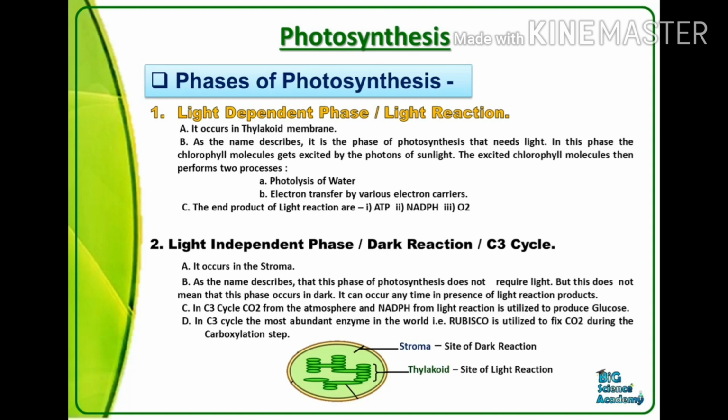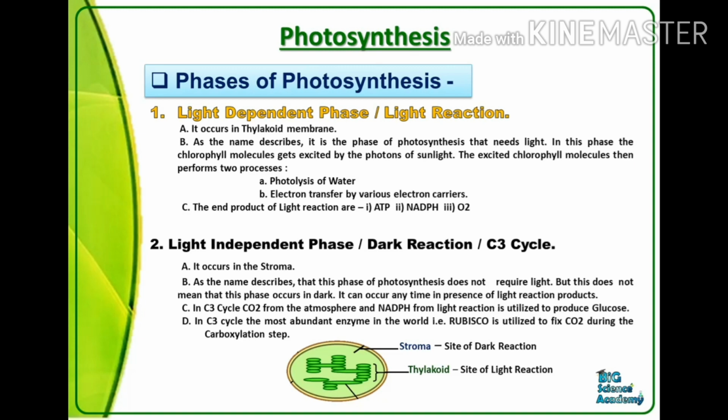So, in absence of light, the dark reaction will not occur, because it will not get the light reaction products such as the NADPH. So, it can occur anytime in presence of light reaction products.